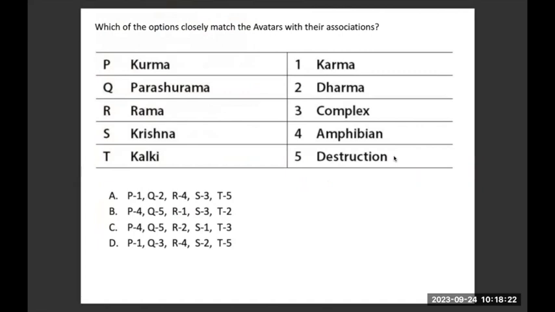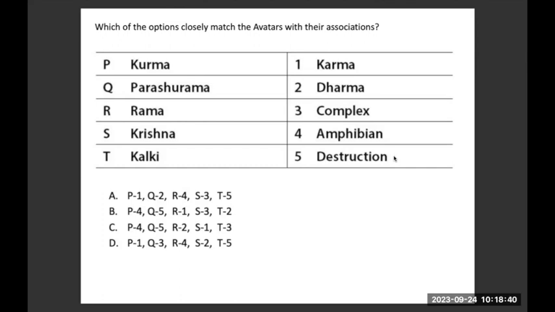In these kinds of questions, please go by the process of elimination. If you know the association of an avatar, go by that part first, and then eliminate the remaining options which don't match.